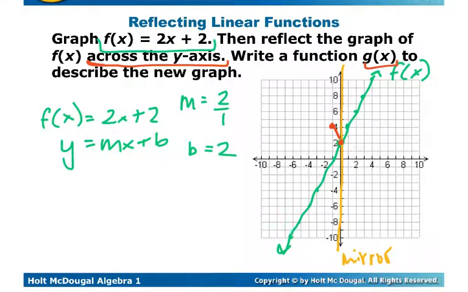So we're going to go back 1 up 2, back 1 up 2. And so then it is going to be an equal distance from that reflection line across. And then of course the same thing happens going down as well. And so that one we will call g of x.